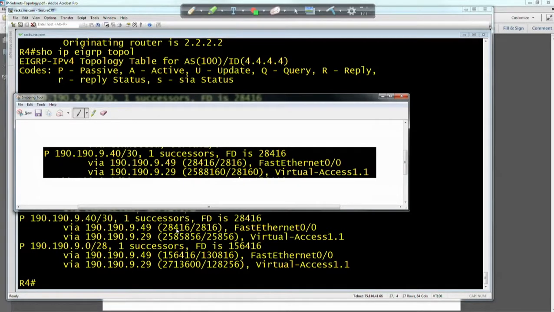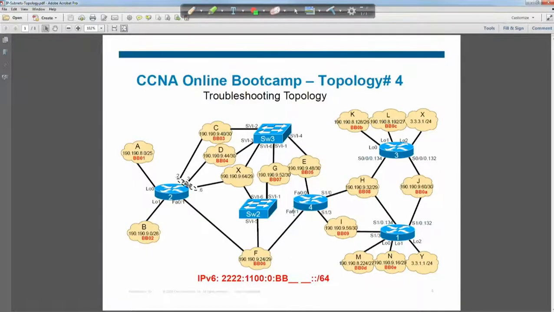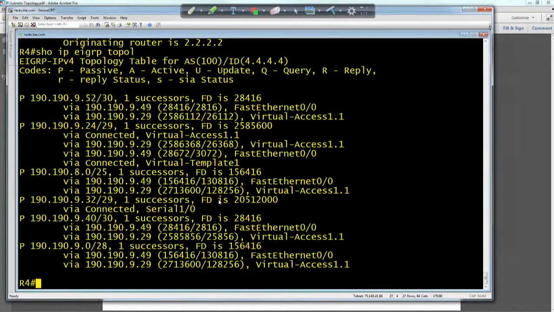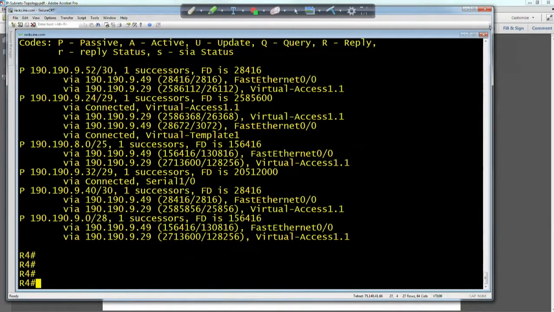So the only other thing we can do at this point is to go on router 4's, actually it wouldn't be FastEthernet. I believe it would be the delay on his virtual template interface, and knock that down to the minimum. Personally, I don't think that's going to be enough. Show IP EIGRP neighbor.